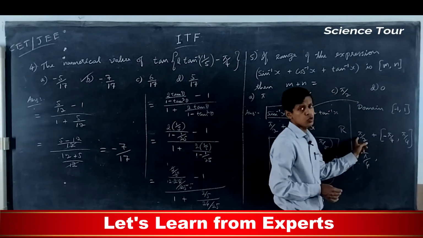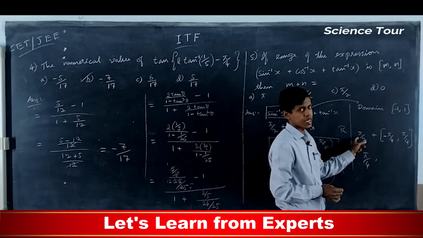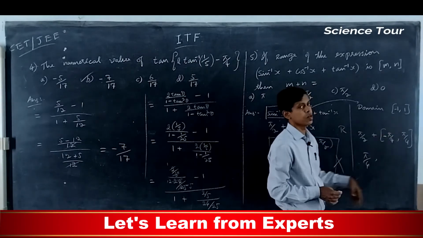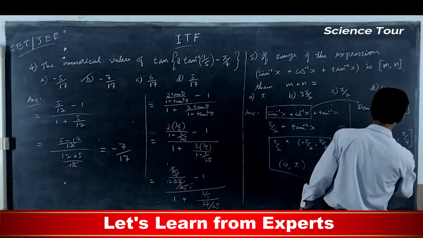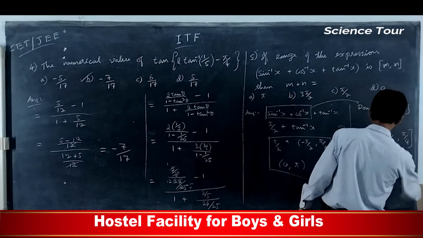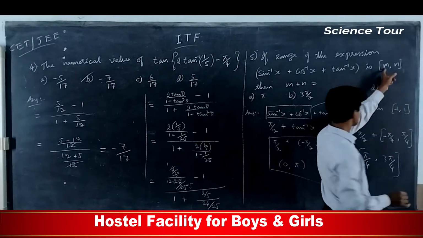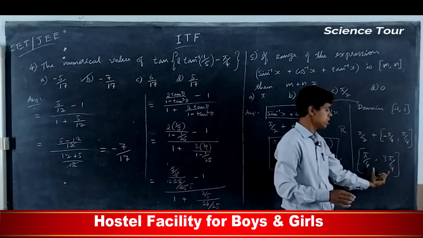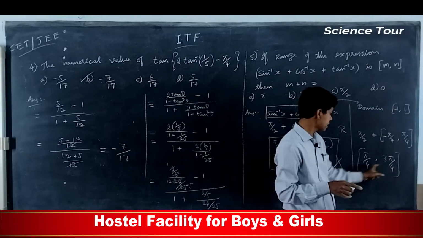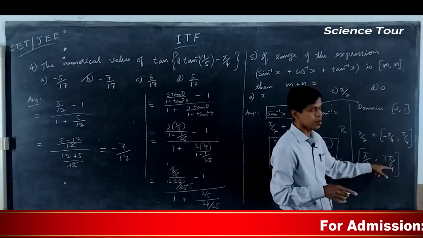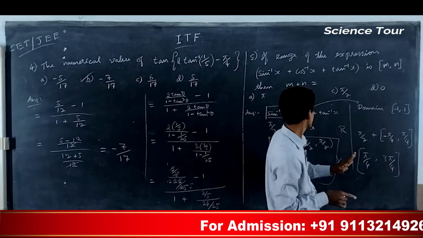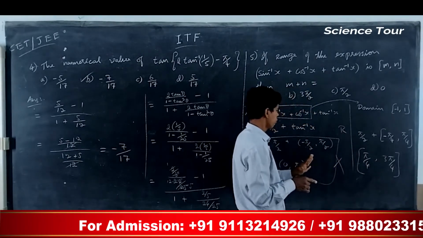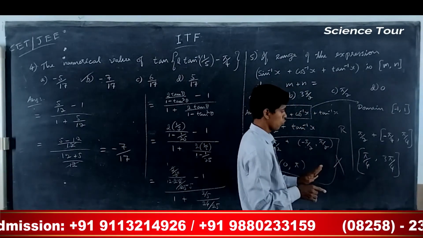See, this is 2 pi by 4, 2 times 45, 90, correct? 2 pi by 4 plus pi by 4, 3 pi by 4. So this is 3 pi by 4, and that is m comma n, that is the range. Now you have to add these. So 3 pi by 4 plus pi by 4 is 4 pi by 4.